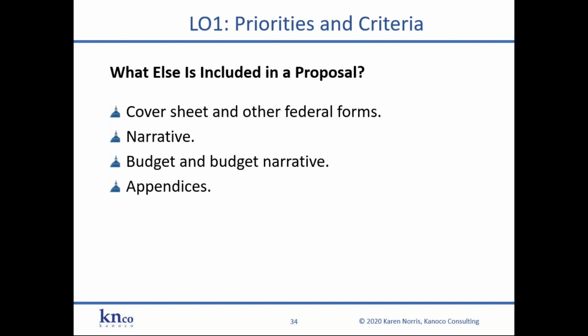There'll be forms about lobbying. If you are accepting federal funds, you have to certify that you will not use federal funds to lobby and try to influence a member of Congress. And then they may have a form for the narrative. But you'll have a whole bunch of forms. Then you'll have your written narrative, you'll have your budget and your budget narrative, and then there'll be some assorted appendices.